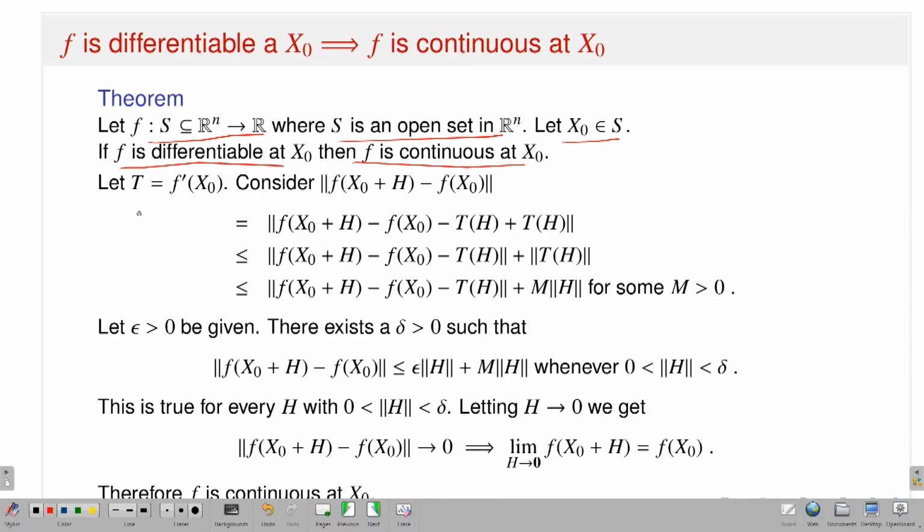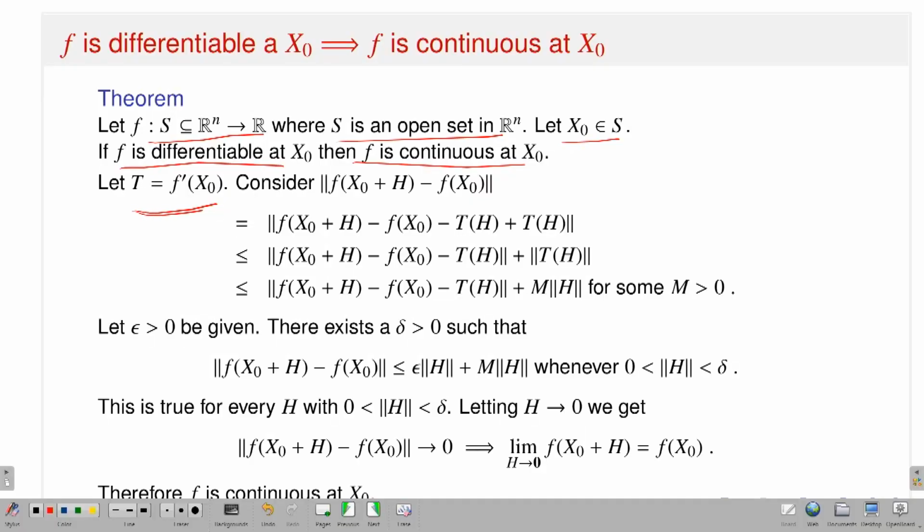Since f is differentiable, there exists a linear transformation such that the limit as h goes to 0 of the norm of f of x naught plus h minus f of x naught minus the linear transformation acting on h, divided by the norm of h, is equal to 0. Now consider the vector norm of f of x naught plus h minus f of x naught. What is this?